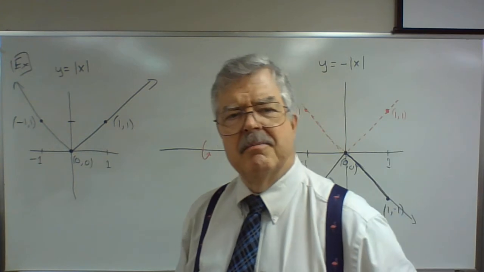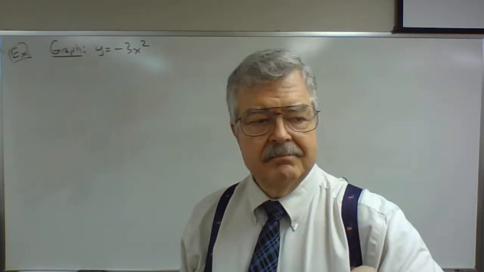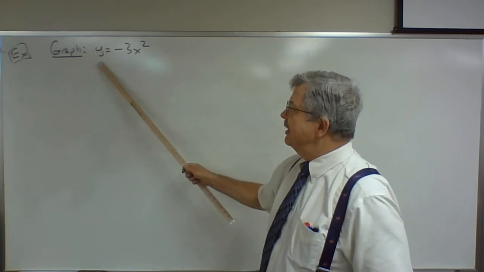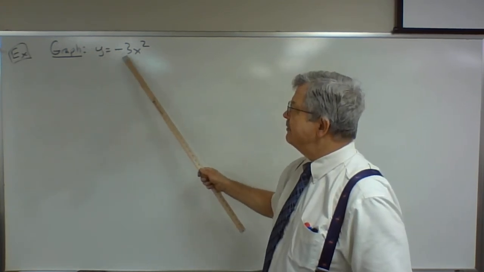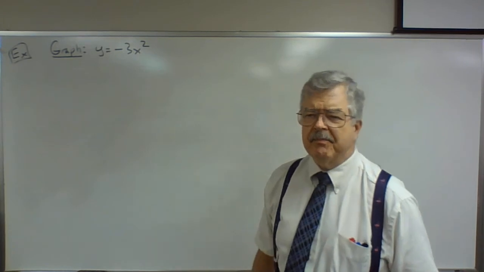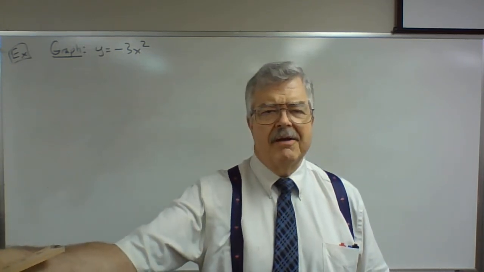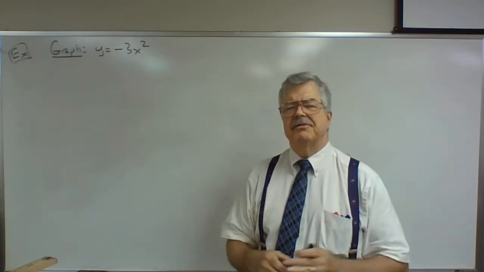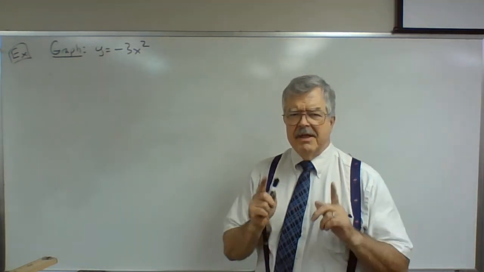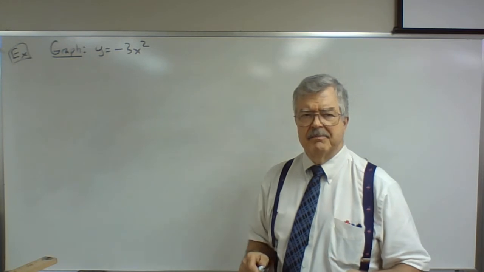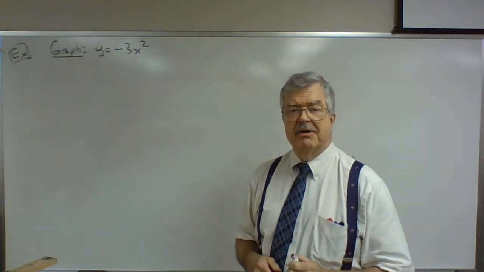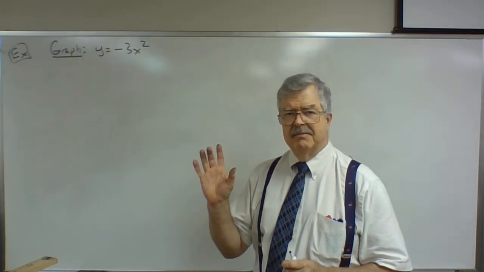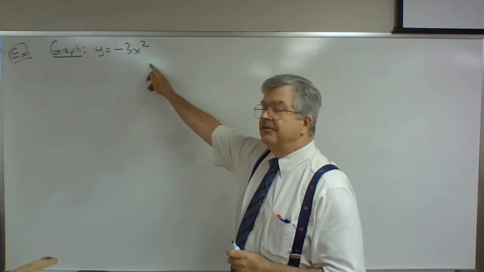Okay, now let's start combining these tricks. Let's look at this. Y equals -3x squared. It's telling us to graph it. And even if I'm doing this just for myself, here's how I'm going to approach it. I'm going to draw the graph of the basic function that this is related to.